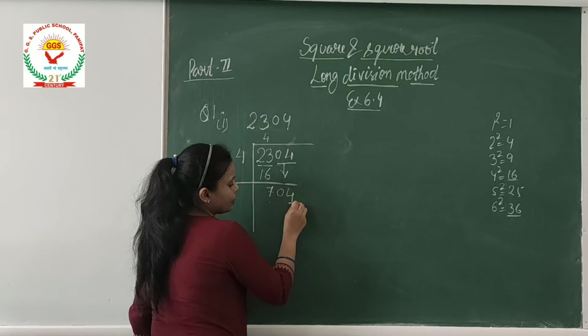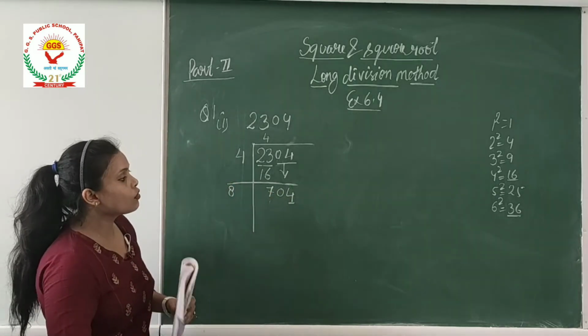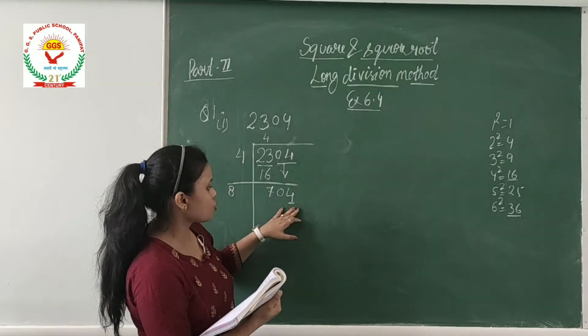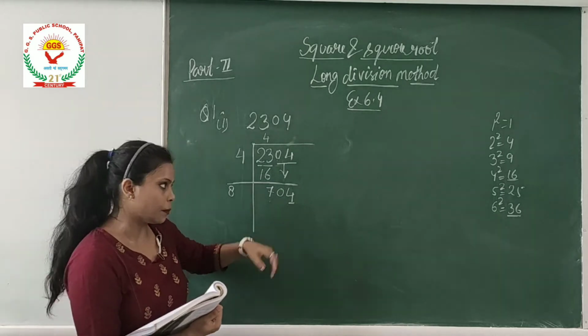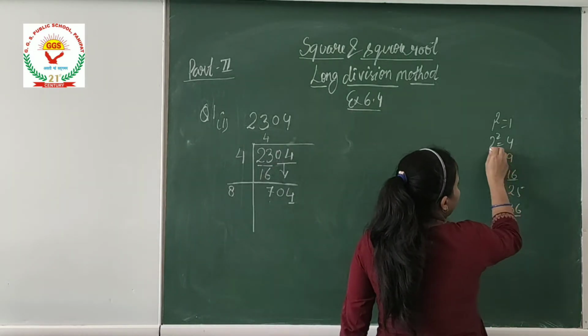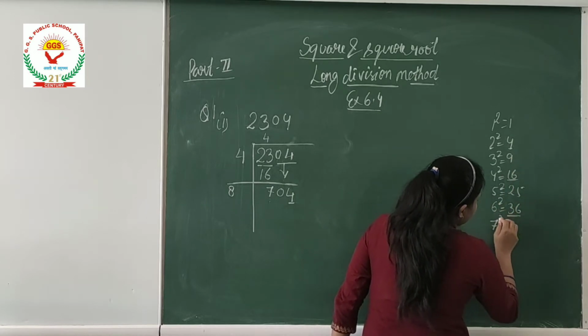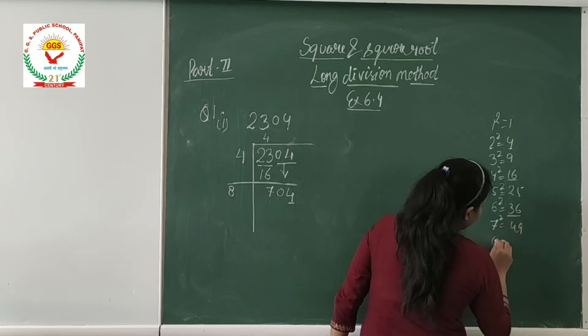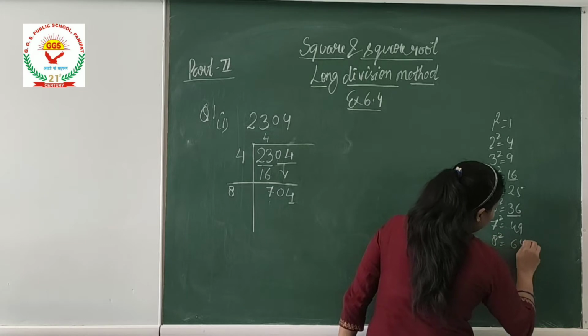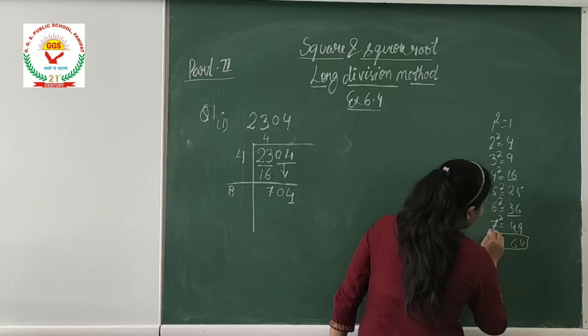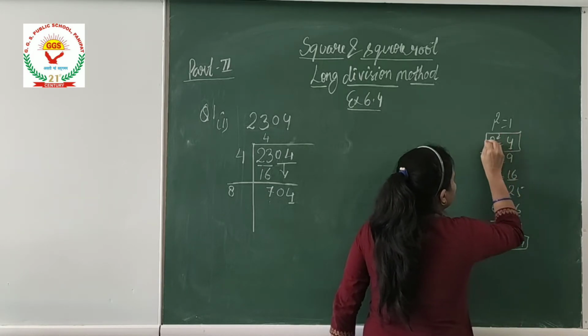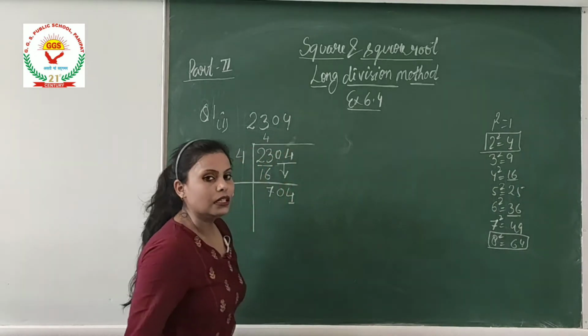So 4 is at the unit place. We will find a number whose square has 4 at the unit place. Let's find out. We have 2 for 4, 7 square is 49, and 8 square is 64. So we get two numbers having 4 at the unit place.